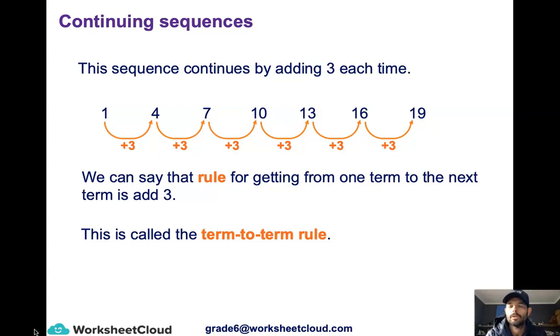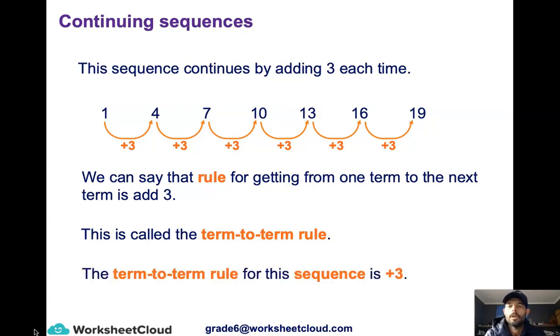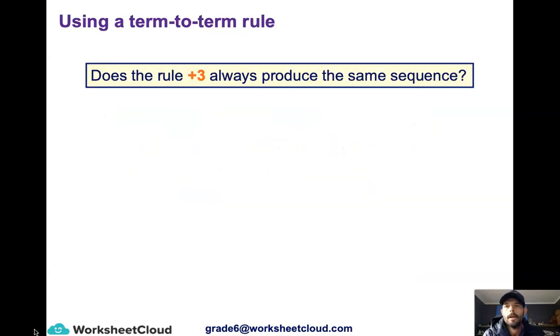From the second term 4 to the third term, which is 7, we are adding 3. So between consecutive terms, we're adding 3. That's called the term-to-term rule. So the term-to-term rule for that sequence is plus 3. All right, so quite a nice, easy one for you guys to get your head around.